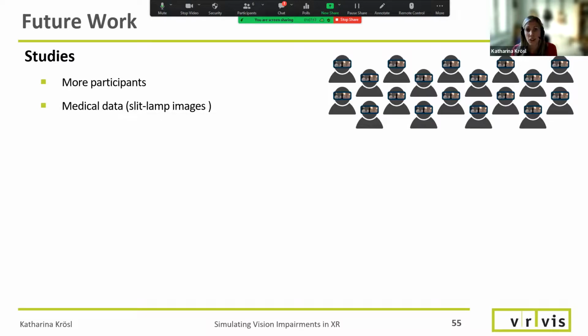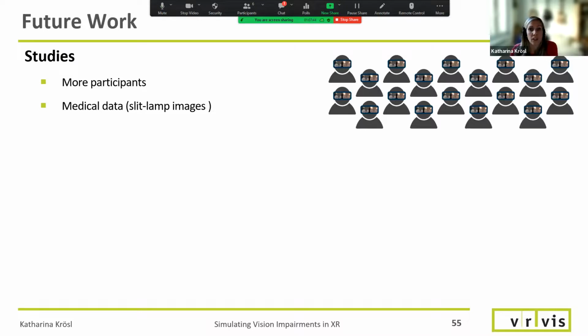But unfortunately, due to the pandemic, it was not possible for us to run studies because our participants are elderly people and we recruited them in a hospital. So these facts both made it unfortunately impossible for us to run additional studies with these participants.